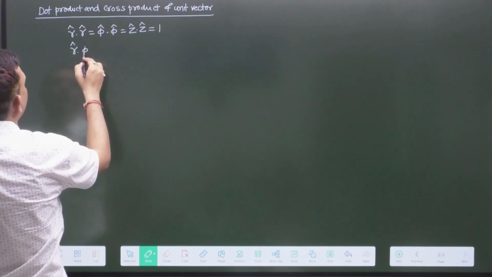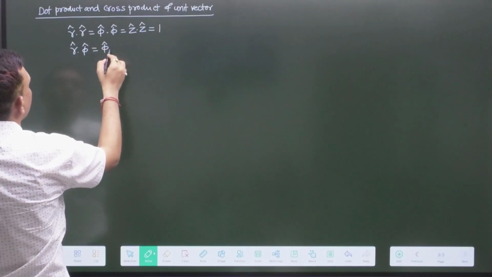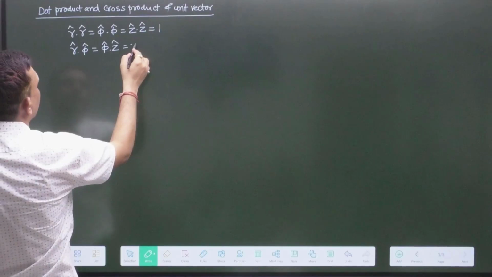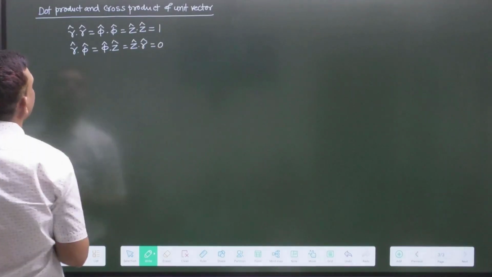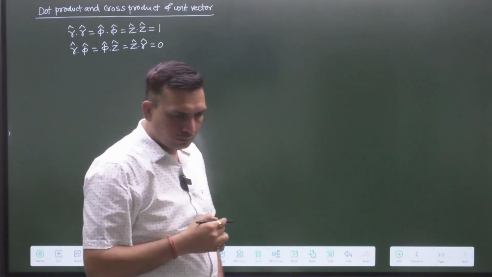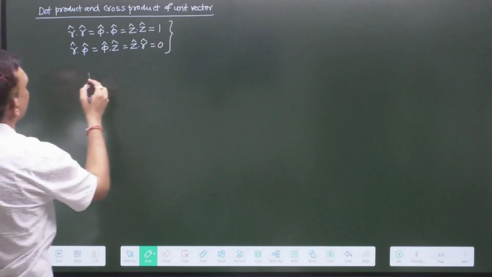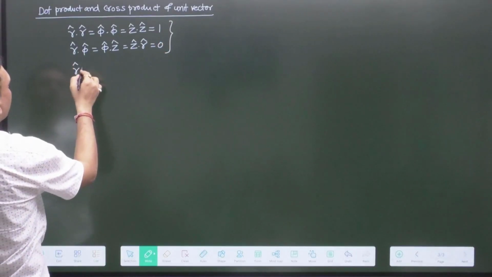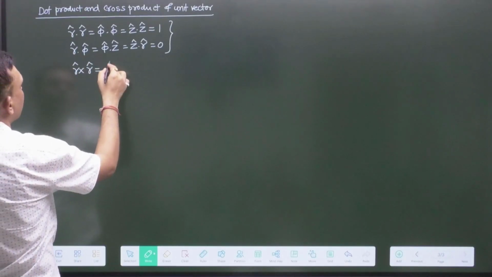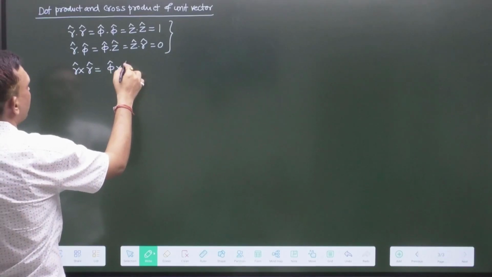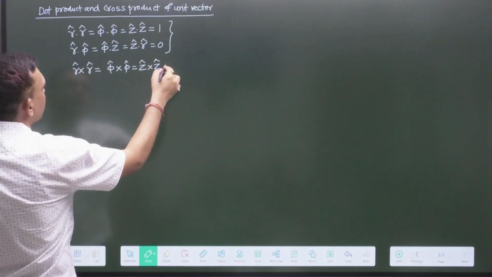R dot phi, phi dot Z, and Z dot R is 0. Then you will get r cap cross r cap, phi cap cross phi cap, and z cap cross z cap is 0.